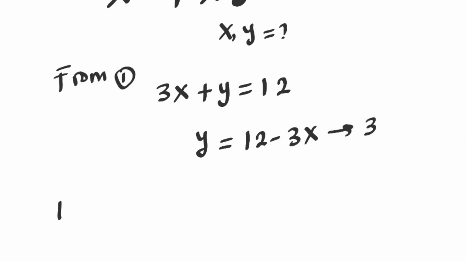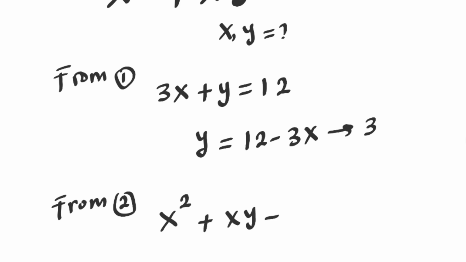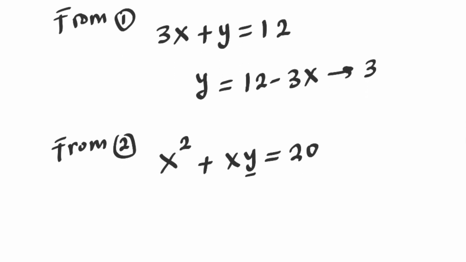From equation 2, x squared plus xy is equal to 20. Now let us substitute for y, which is 12 minus 3x.